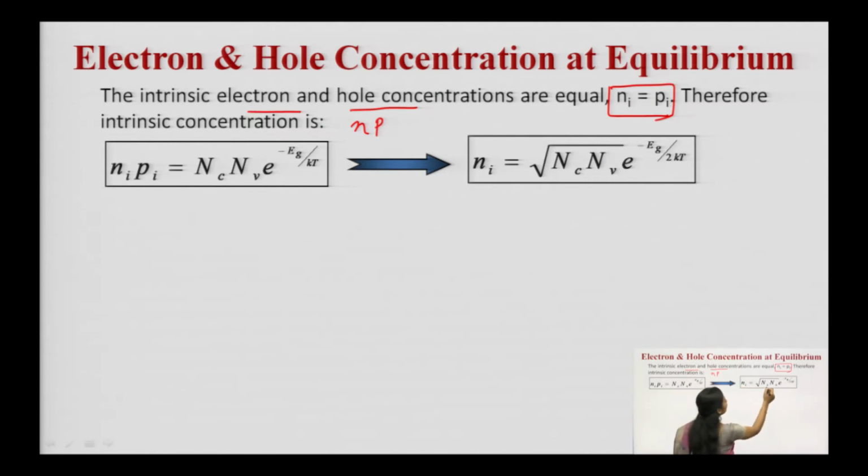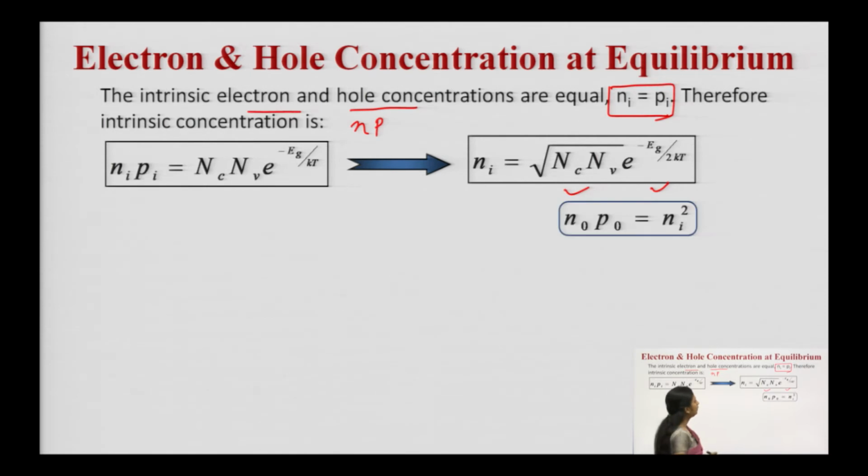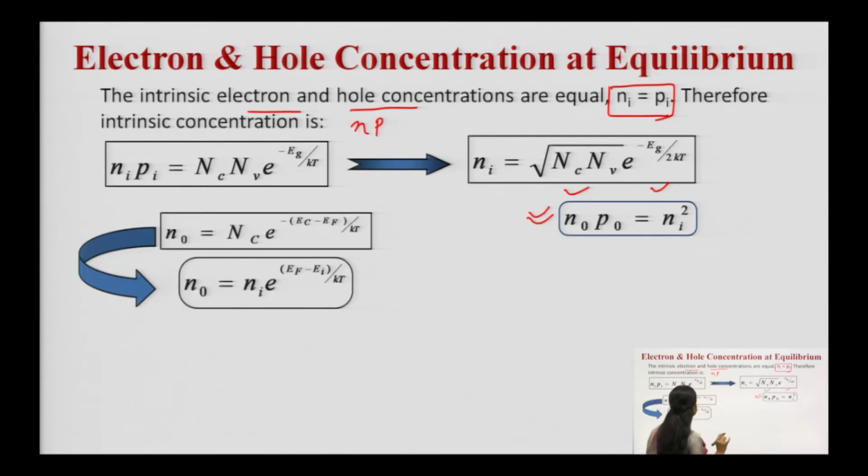So, the square root of Nc into Nv e raised to the power minus Eg upon kT will give you e raised to the power minus Eg upon twice kT. So, this is how you can calculate the value of Ni, depending upon this particular formula, as I have told you, the mass action law.